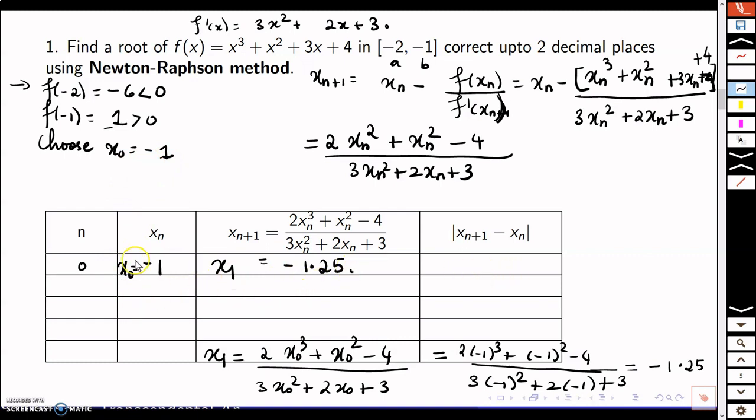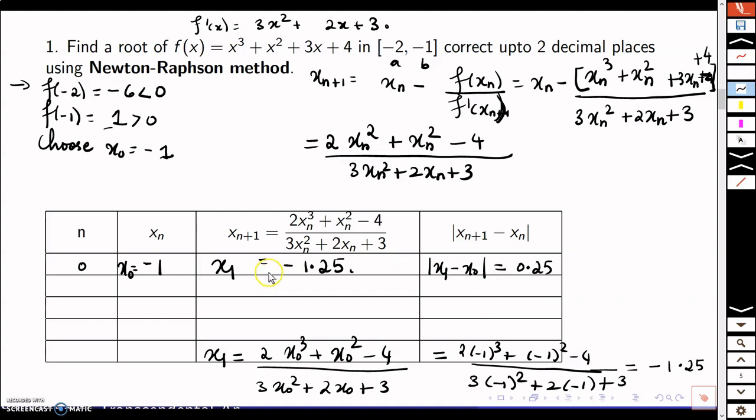Now in this case we can directly compute x(n+1) minus xn, that is x1 minus x0, right? And its absolute value turns out to be 0.25. So x1 minus x0, when you take the modulus, it will turn out to be 0.25. The minus will disappear when you take the modulus.